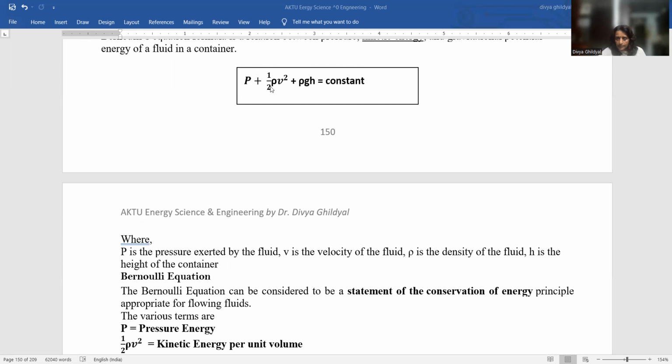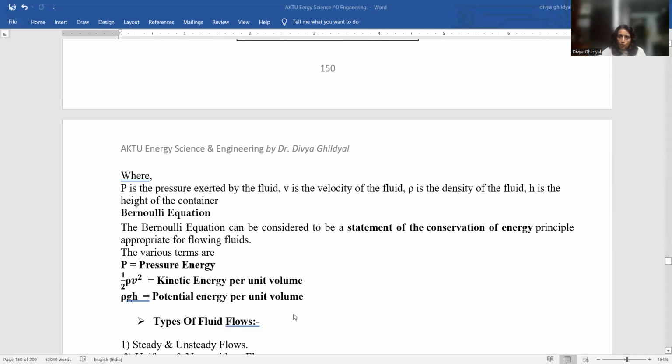Pressure plus half rho v square plus rho gh. So this is also known as Bernoulli's equation, also known as the statement of conservation of energy for flowing fluids.